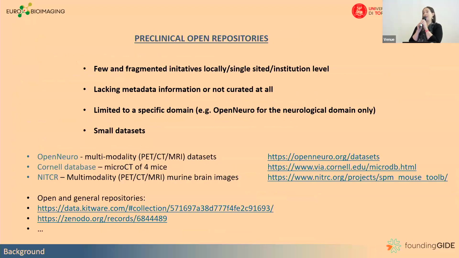These might be at the institutional level or single-sited, and some of them are available online, but these are normally quite small data sets, and they might be lacking metadata or may not be curated at all. Then there are also some of the general repositories, but these are not then specific for preclinical imaging.